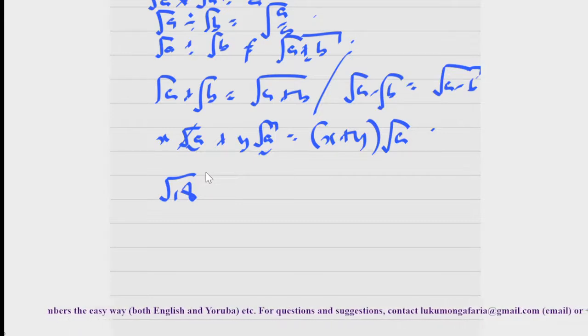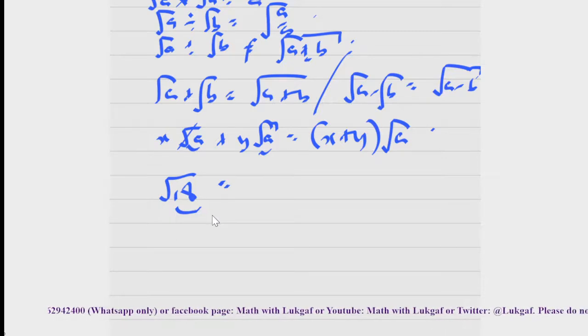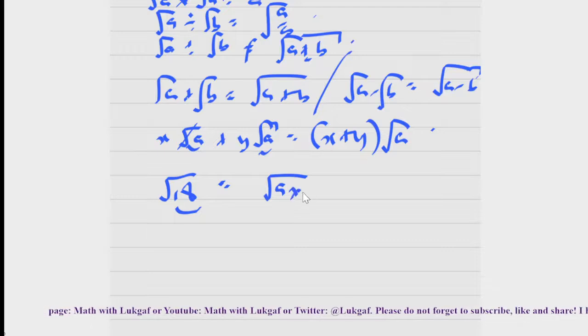If I want to rewrite this number in its simplest form, then I will have to think of the two factors of 18 such that one of these factors is a perfect square. So, for example, I can say it is root of 9 times 2, because 9 is a perfect square.